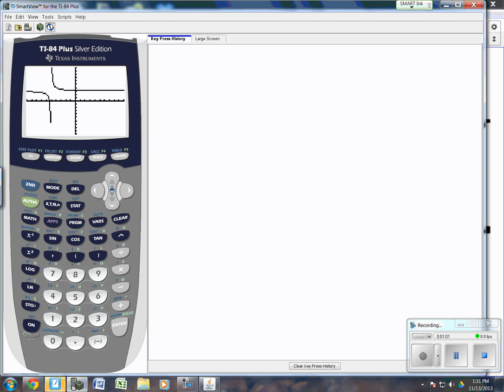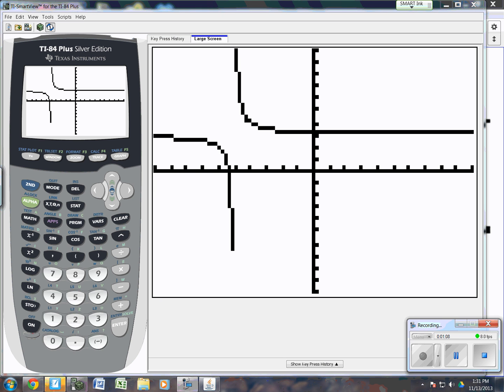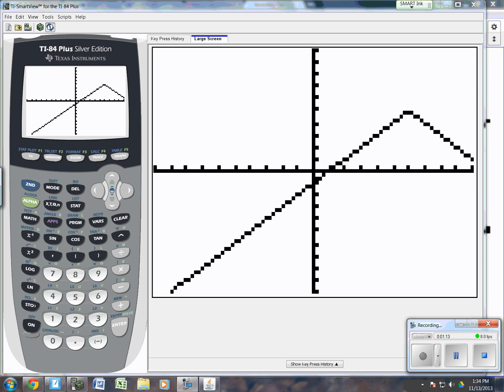This one right here. Okay, there's a bigger graph of it right there. It looks like you guys got it right. It was 1 over x plus 5, and then the plus 3.